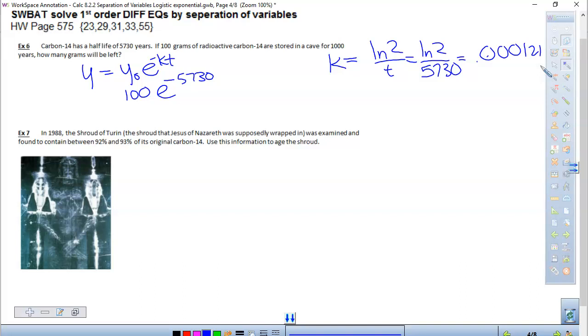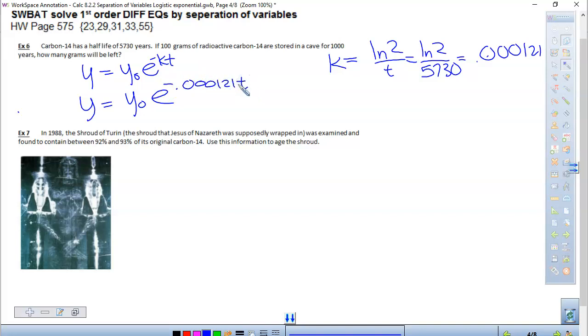So that means my formula for carbon 14 is y equals 100 e to the negative 0.000121 t.